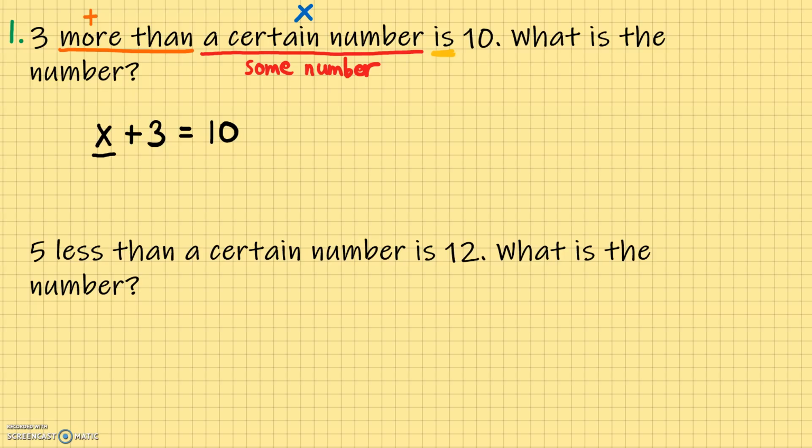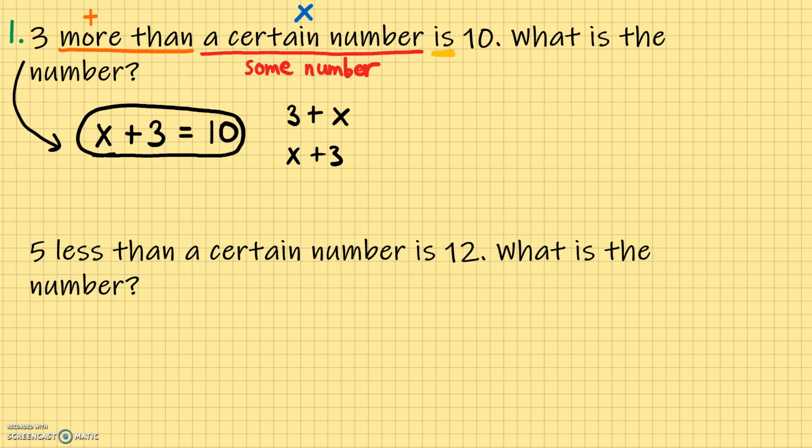Okay, so this is an equivalent algebraic expression to this word problem. It says 3 more than a certain number is 10. This is what that means. Now, you'll notice, why am I not doing 3 plus x, but I'm doing x plus 3, right?